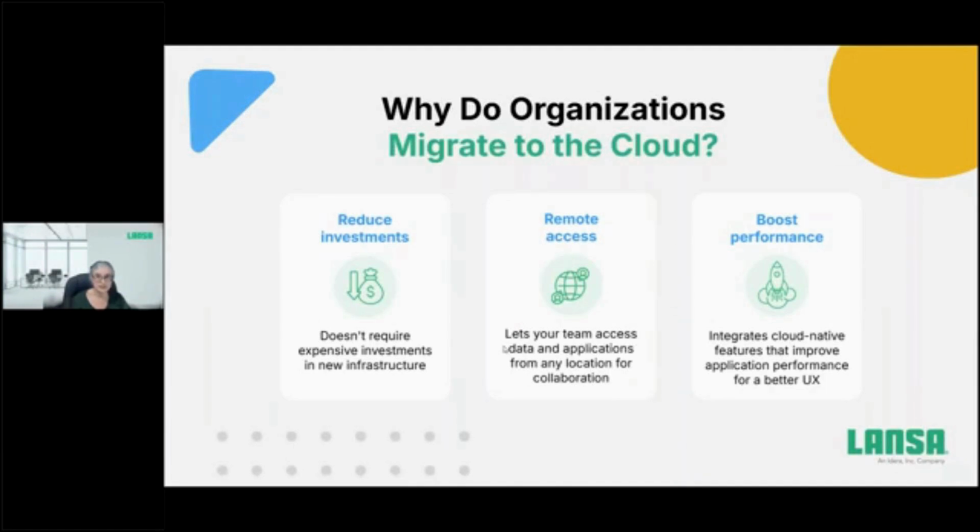Okay, as we're talking about here, we're trying to reduce costs. We want to boost performance. Customers don't want to be lagging behind because the size of the box is waiting for your next upgrade.